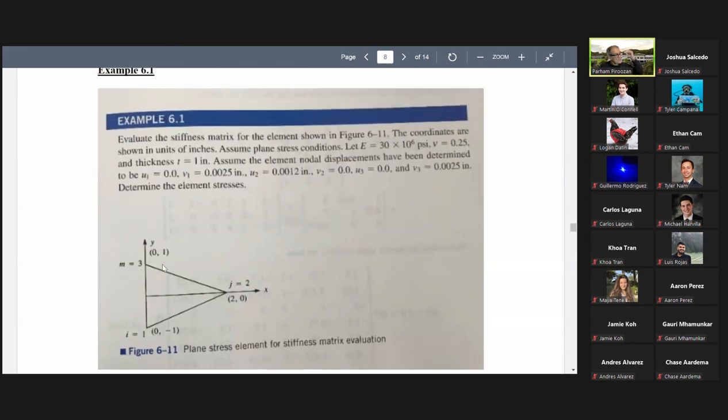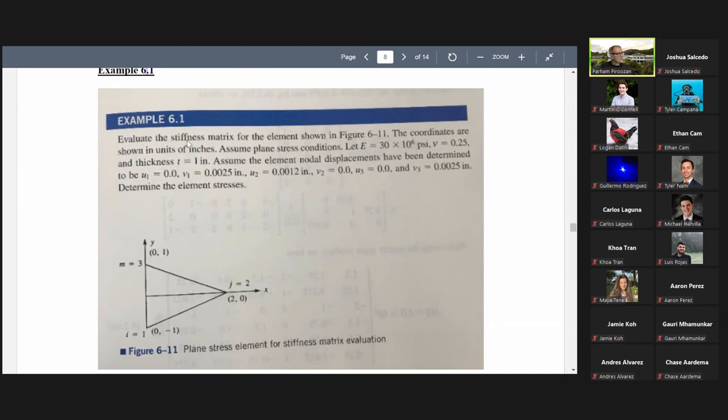In this example problem, we have this triangular element with node I. You can call it node 1, node 2, node 3, or I, J, M. The X and Y coordinates are given for each node.